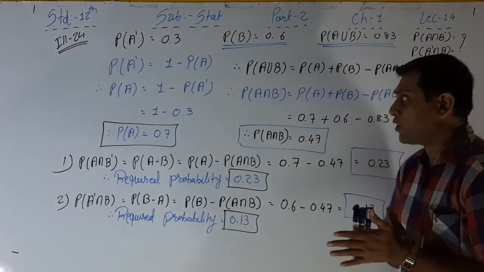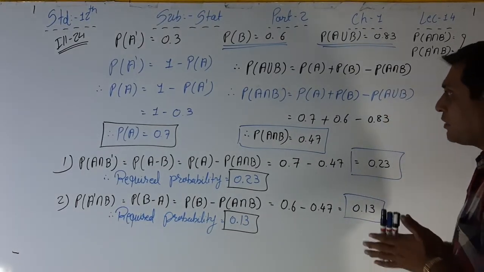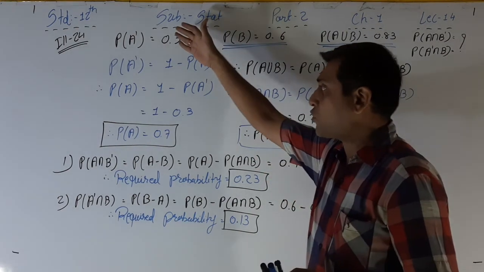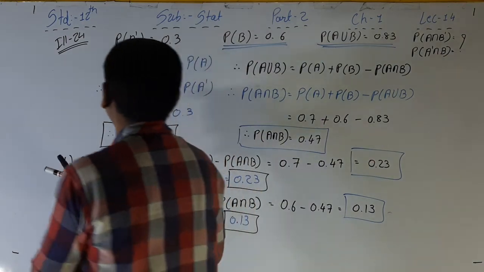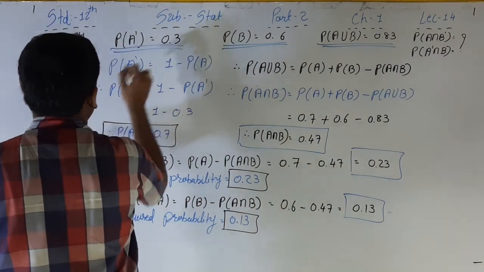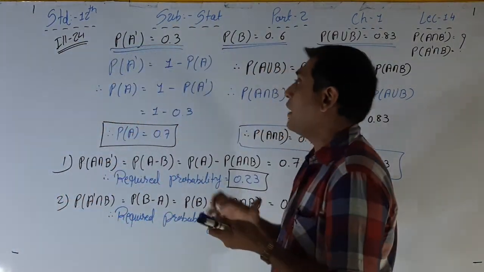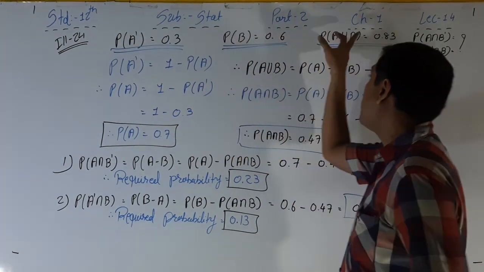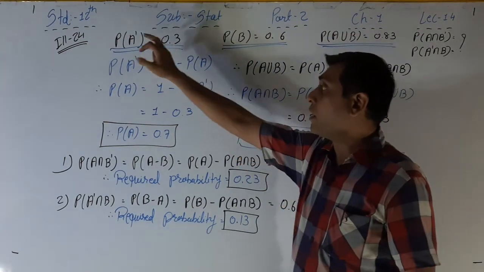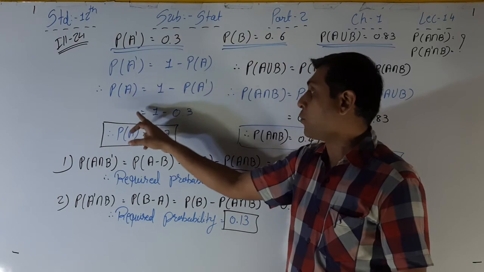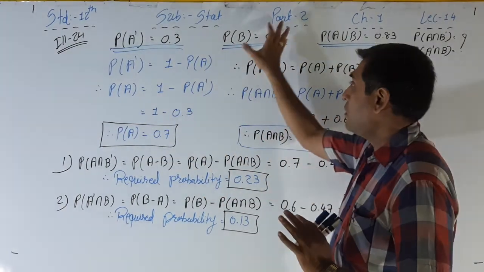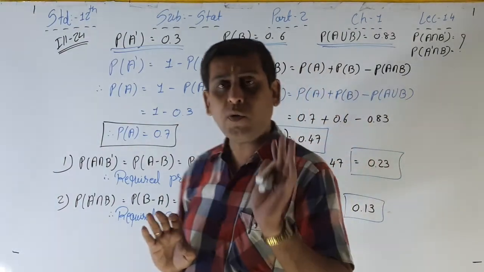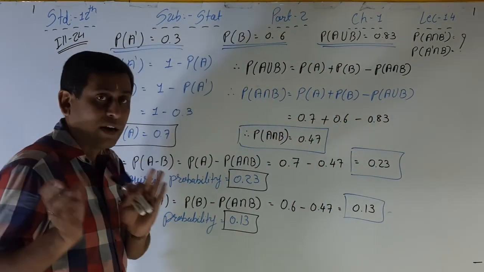Okay, so please first of all write down this. It is a very easy sum, but in this sum first of all we have to simplify whatever information or data is given in the question, that is P of A dash, P of B and P of A union B, right? From that P of A dash we are finding out P of A. From B we don't need anything because we want P of B, and here it is given directly.